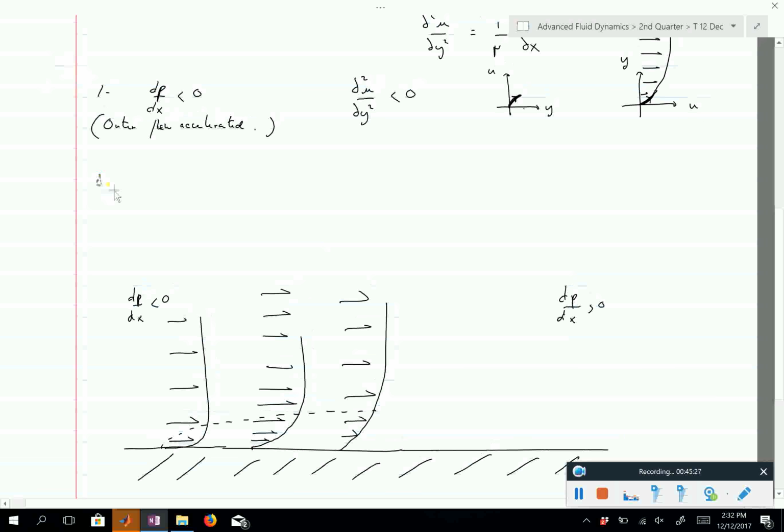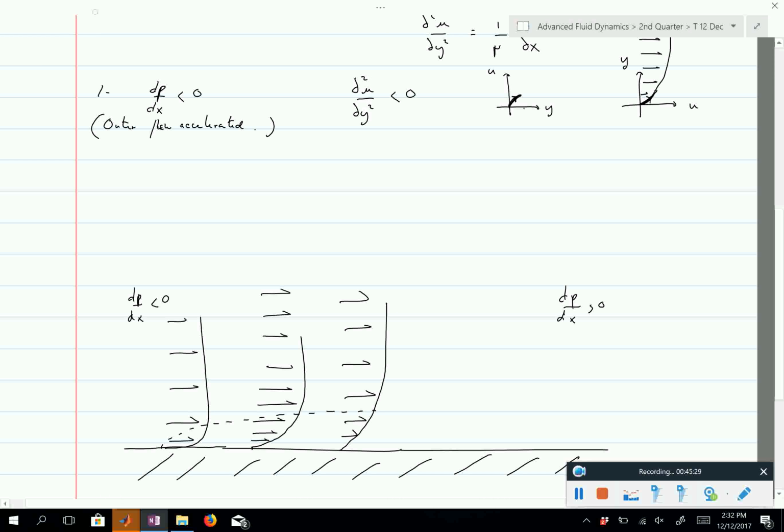Okay, so the second case is dp dx positive, so the pressure increases. Pressure increases means that the flow decelerates, and I'm really talking about the pressure in the outer flow region. And the outer flow in this case is decelerated, slows down. So then the second partial of u with respect to y is positive.